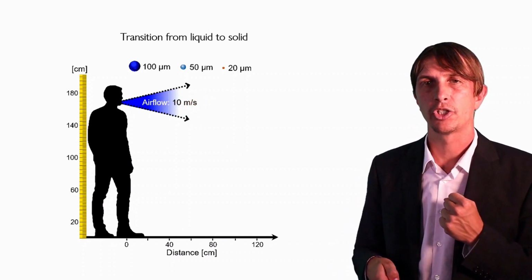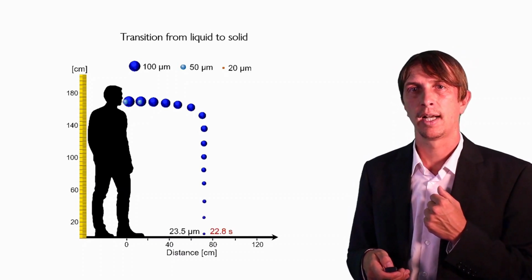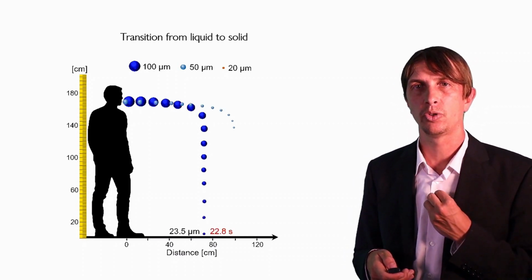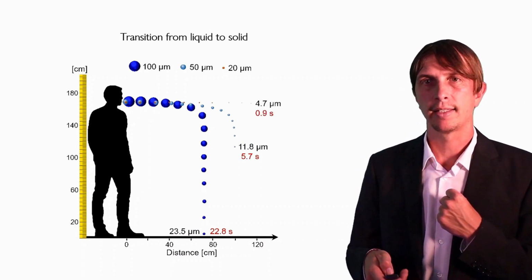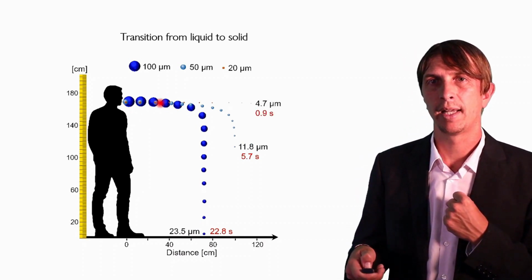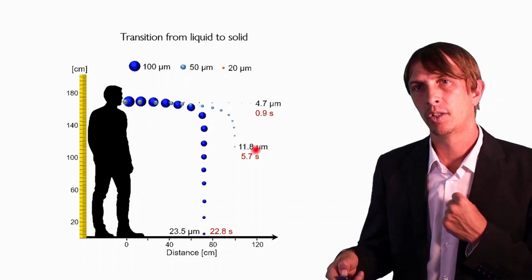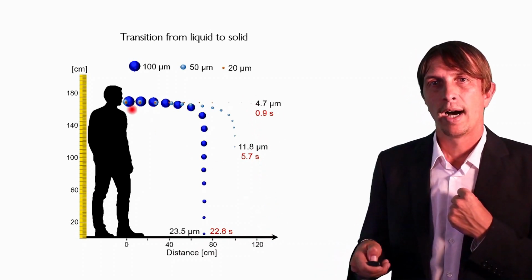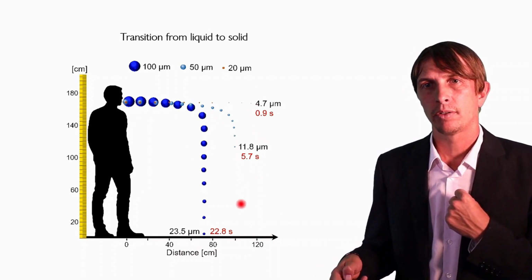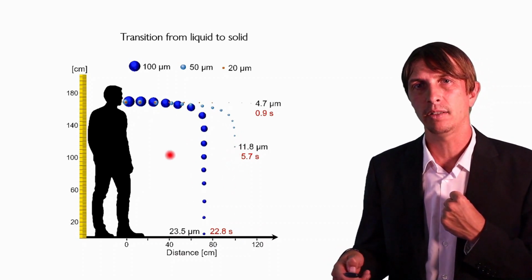If now we assume an airflow, not just a drop falling down, but an airflow, and still doing a simulation in 1D, we can see how those 100 micron droplets are traveling before becoming solid residue, the 50 microns and the 20 microns. And we can see that the 20 microns is maintained at the same height, around 1 meter 20 away from the person, while the 50 microns is around 1 meter away, but it's falling down.